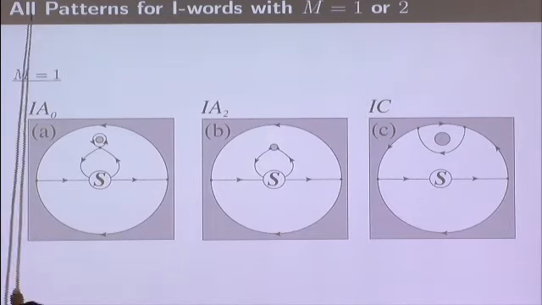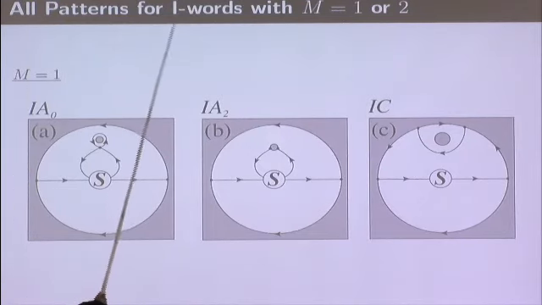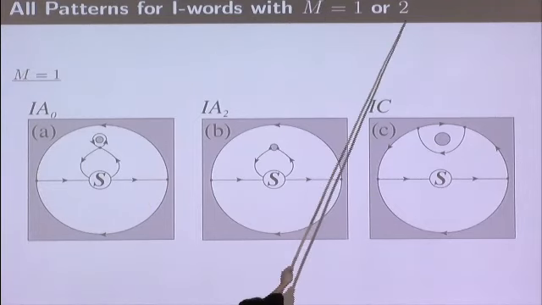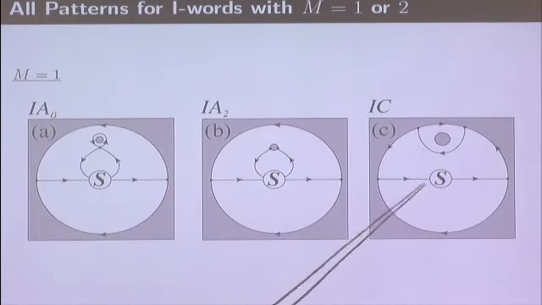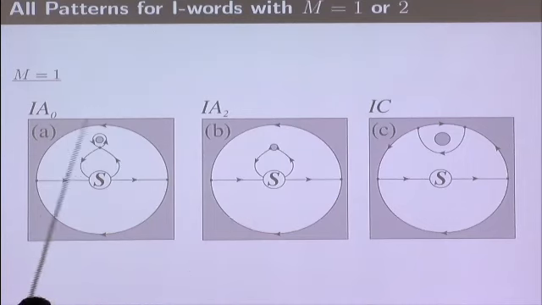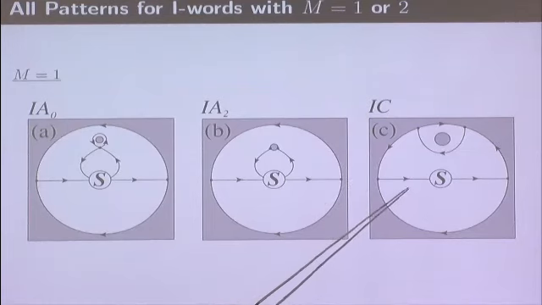So now I explain the whole pattern of the genus 1 or 2 case. If we consider genus 1, there are only 3 structurally stable patterns. This is only 3.